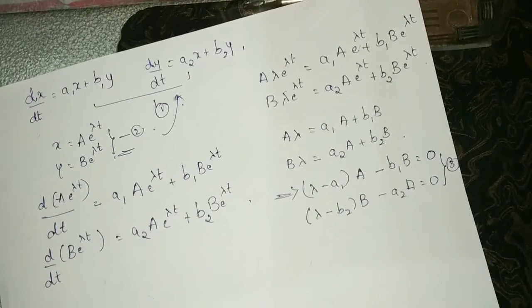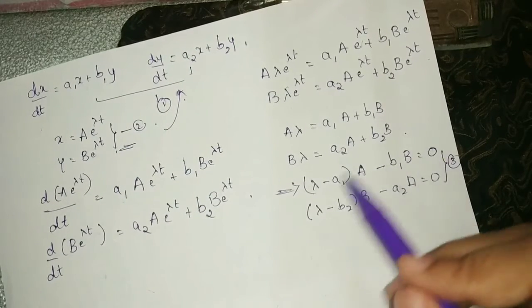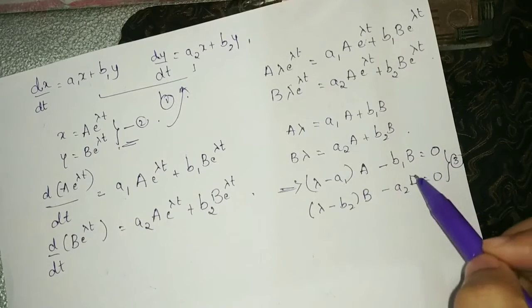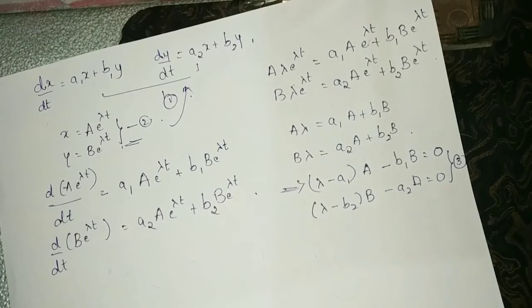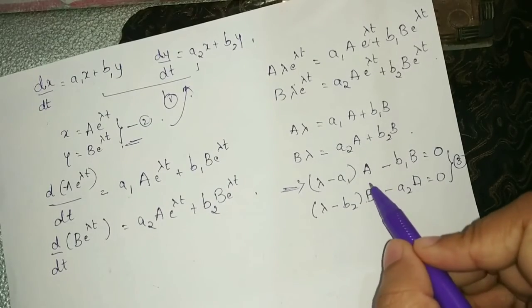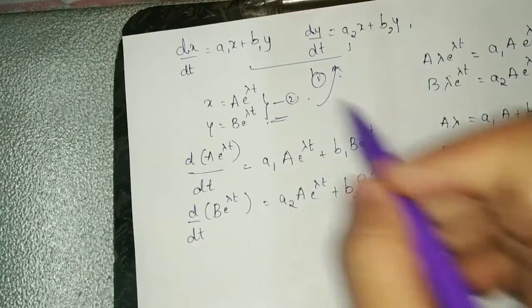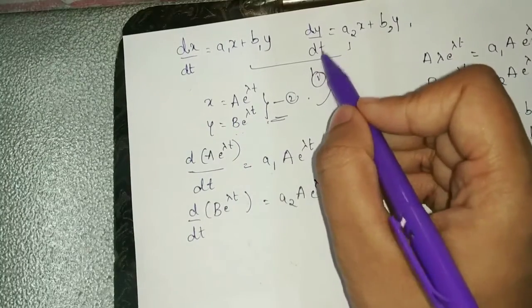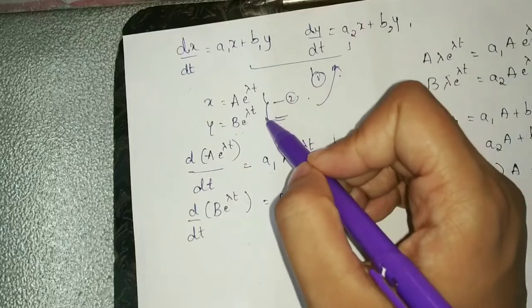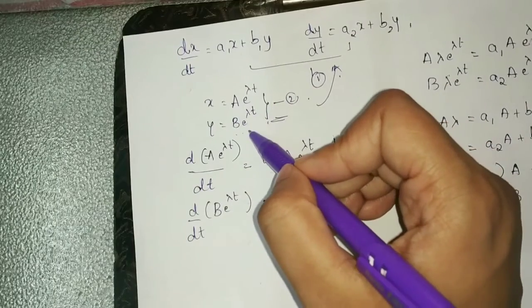Therefore, equation 3 is an algebraic system with the unknowns A and B. a1, b1, a2, b2 and lambda are already given in the case of examples. We need to find the values of capital A and capital B, because these came from the general solution of the given differential equation. In the general solution, we know that the arbitrary constants will be there.